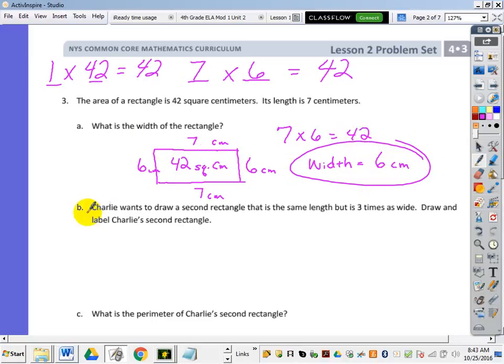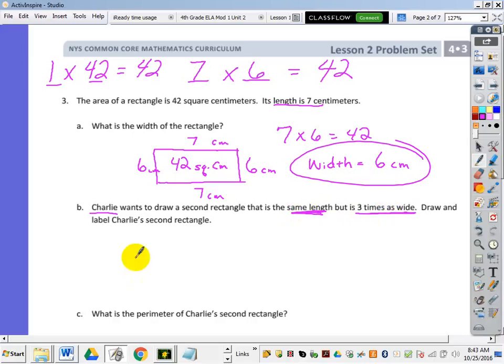Charlie wants to draw a second rectangle that's the same length. Okay, it's the same length, and we said the length is 7. He wants to do 7, but there's something he wants to change. He wants to draw a second rectangle that's the same length, but 3 times as wide as that 7.